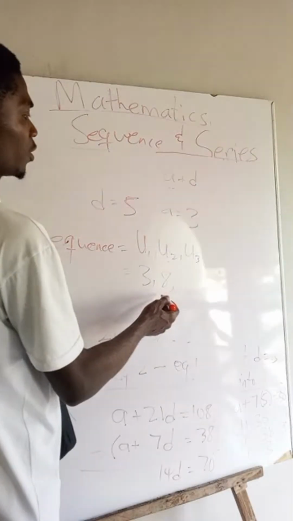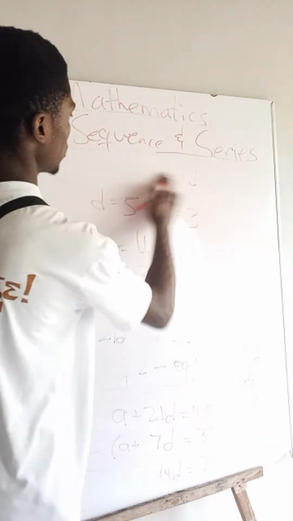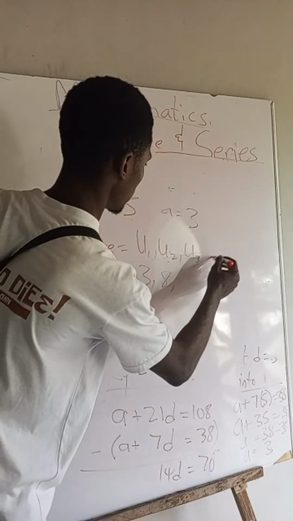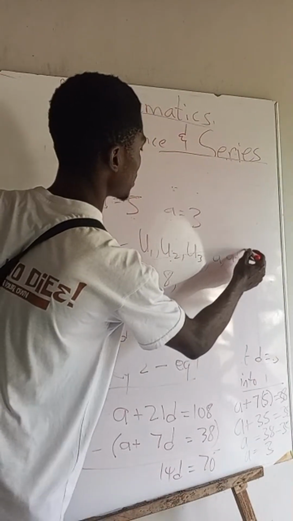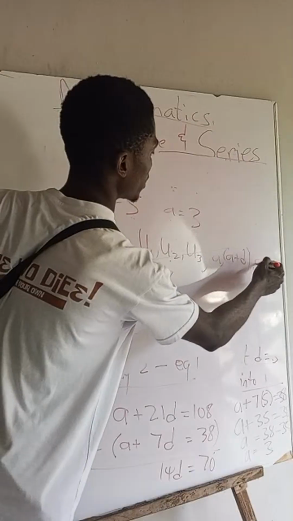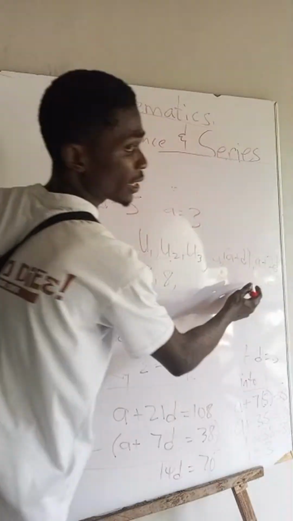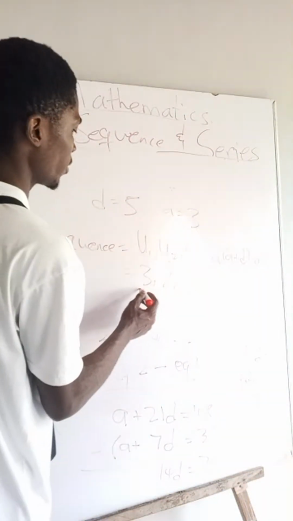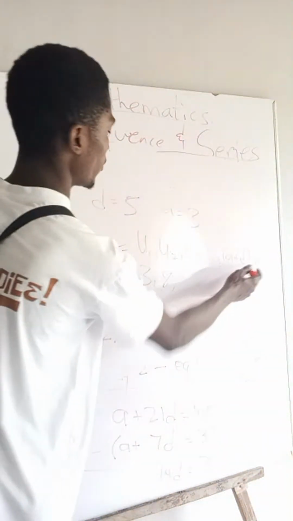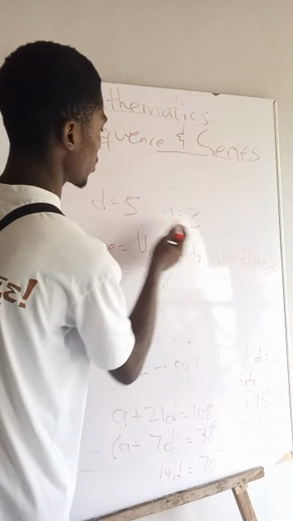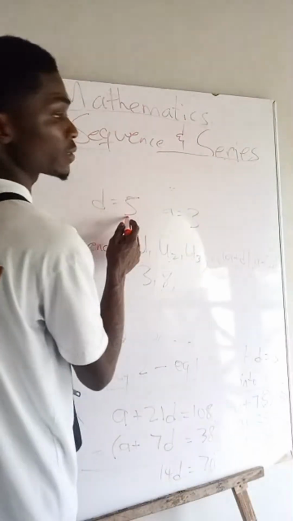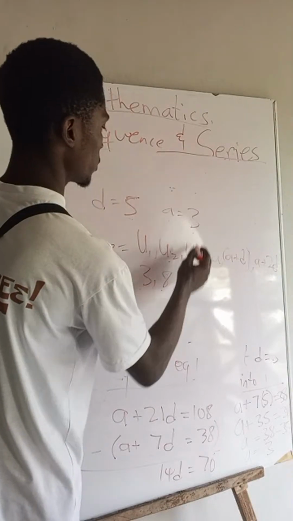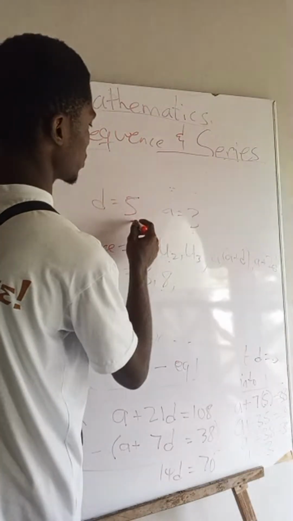Then the next term, u3, is the same as A plus 2D, right? So I'm just substituting the values. We'll be having 3 plus 2 times the D, which is 3 plus 10, right?